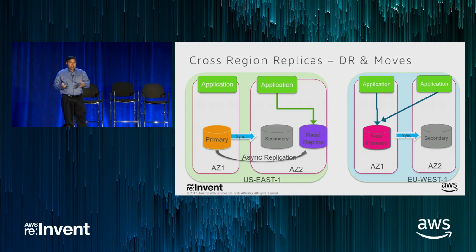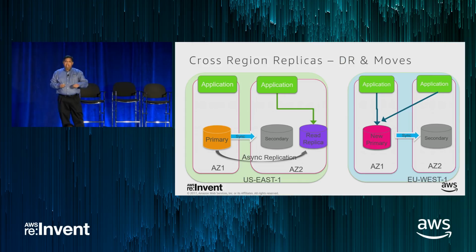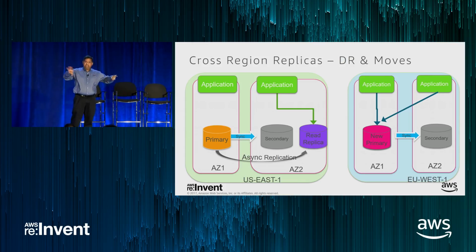Then you would convert that to multi-AZ to make it protected. If you require, you can also spin up more read replicas from that newly moved master. So this is one way you can move an RDS instance from one region to another. You could use the same thing for DR testing. These are different ways you can achieve the use cases that you want.